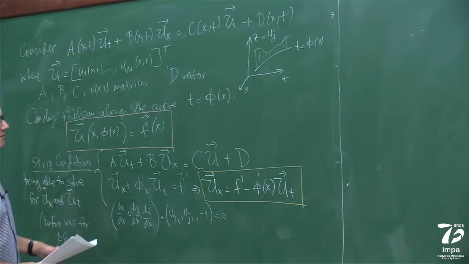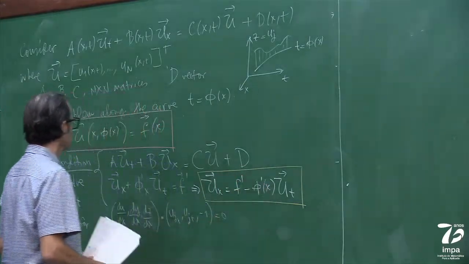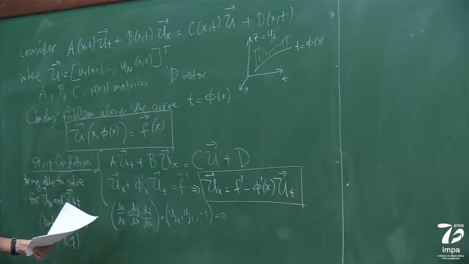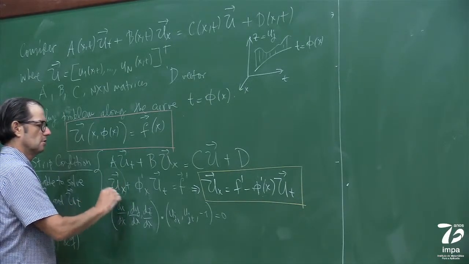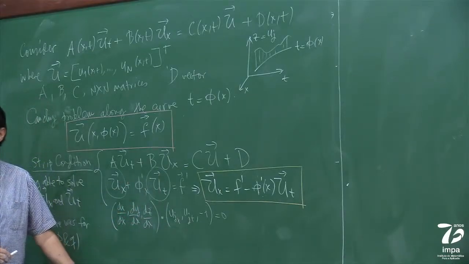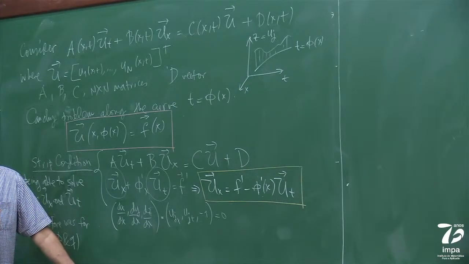So now, because we have a system and things are more complicated, this is what we're going to do. We would like to get this vector and this vector, right? This is a linear problem. So this one is easy, right? It's not that nonlinear. This is easy.